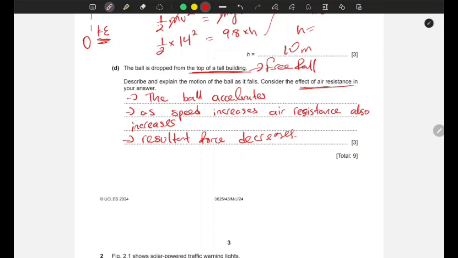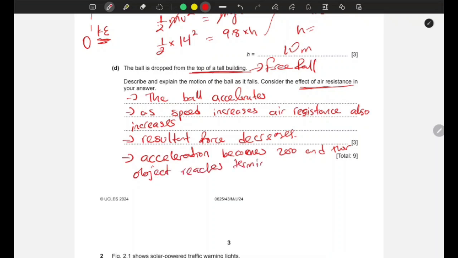As speed increases, air resistance also increases, so it gets to a point where the downward force and upward force match each other. When that happens, resultant force becomes zero and acceleration becomes zero, and the object reaches terminal velocity. Let me clarify again.